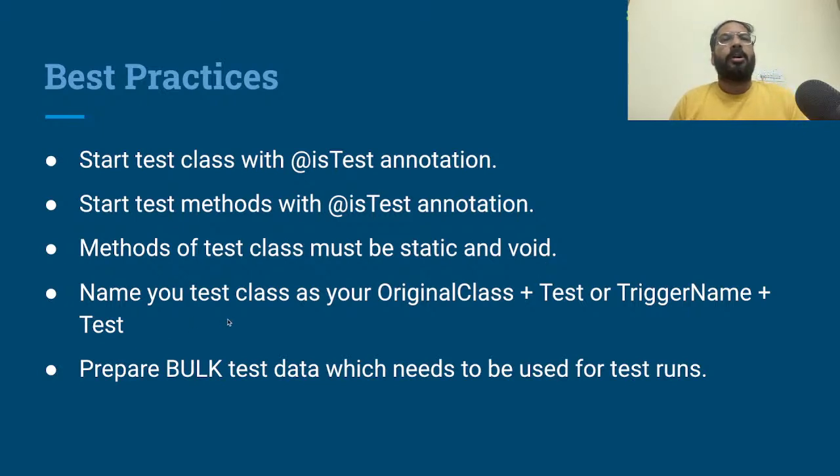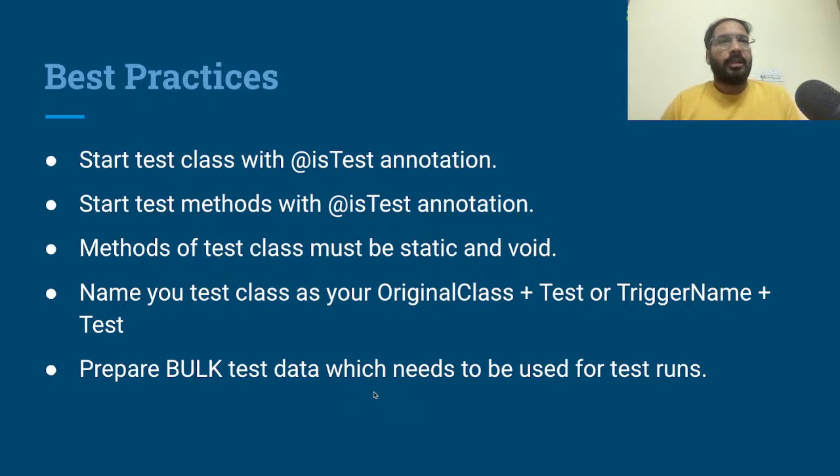Then you need to name your test class as your original class name plus Test, or if you are using a trigger, the trigger name plus Test. Always append the word Test at the end of your class, so that if another developer uses your test class, they know from the name that it is a test class. Then prepare bulk test data to be used for the test run.